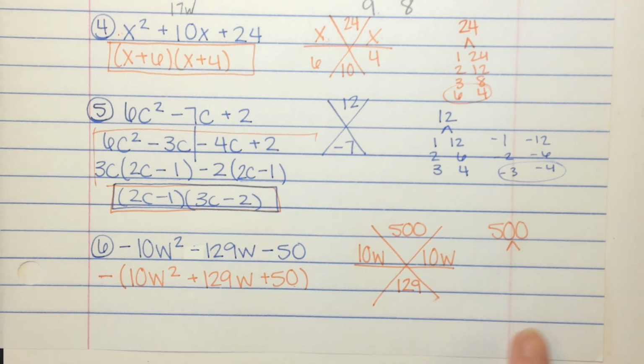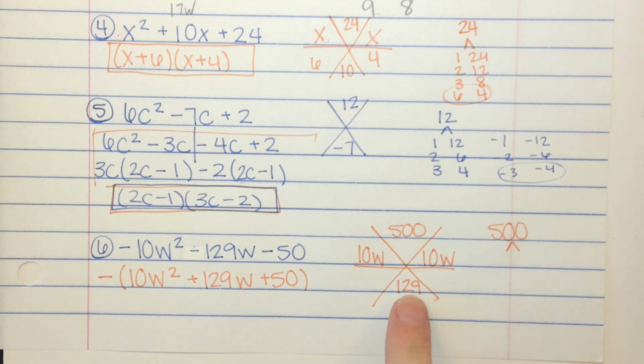So we can go about this strategically. If you think we have 1 and 500, well, there's no way that's going to give us 129. We can do 2 and 250. Again, there's no way that's going to give me 129. 500 is not divisible by 3, so that's not going to work. What about 4?